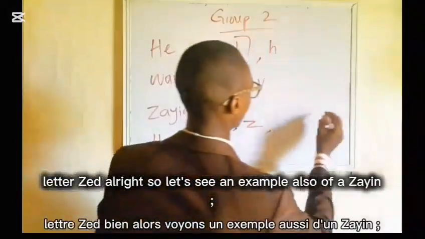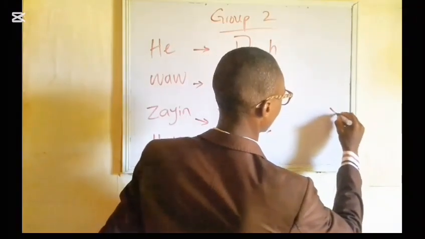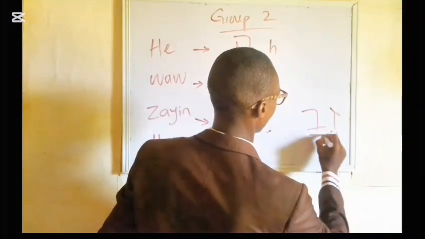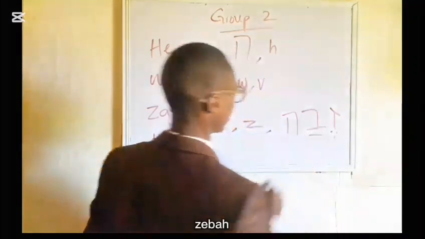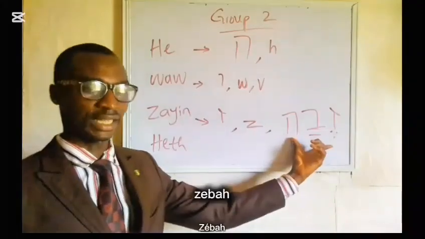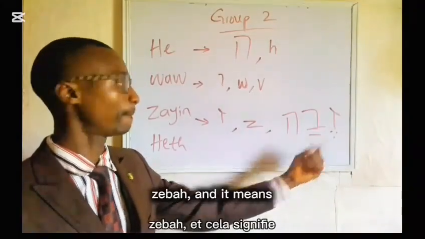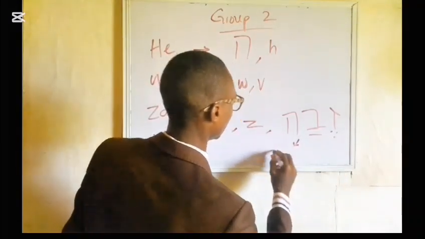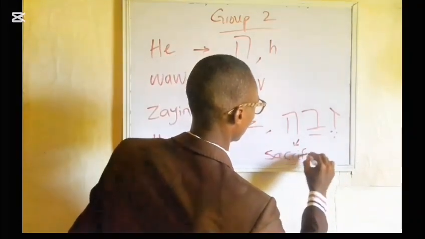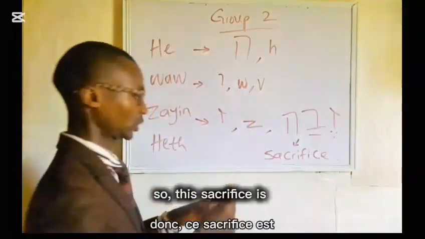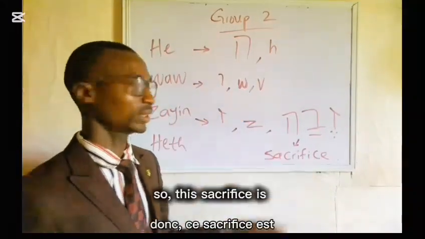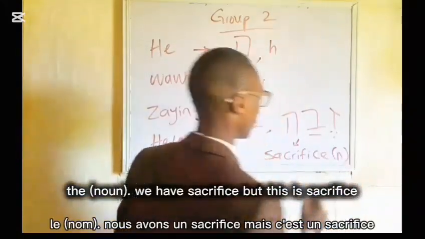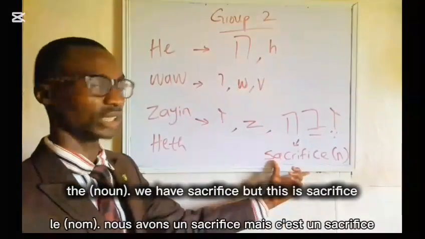So let's see an example also of Zayin. We have zevach. Zevach means sacrifice. So this sacrifice is a noun. What is sacrifice?